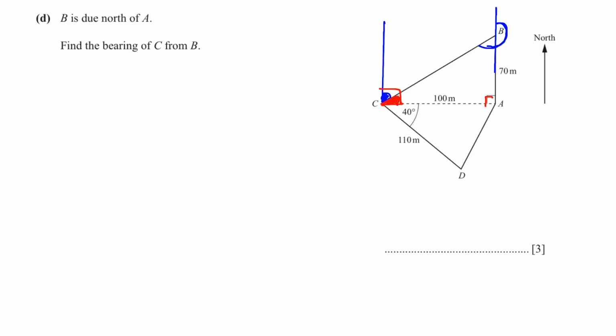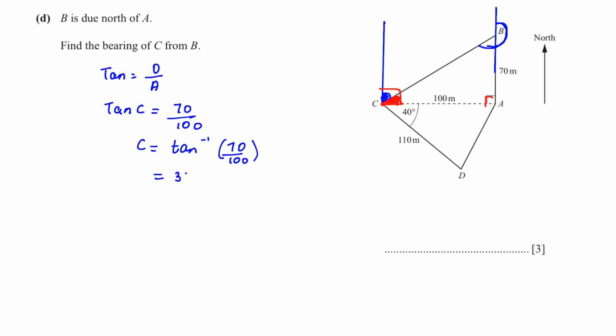By using trigonometric identities. Now let's see what we have. We have got opposite and adjacent. Opposite and adjacent. So like I mentioned before, that means tan. We can write here tan C is equal to 70 over 100. Opposite over adjacent. To find the angle, we will use tan inverse. Whenever you want to find the angle, we write the inverse of the trig identity, 70 over 100, and we will get 34.99.